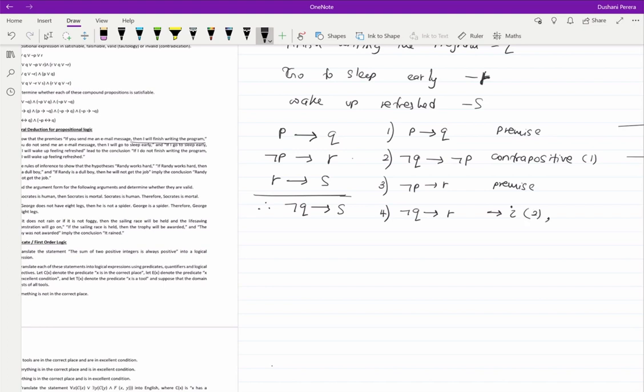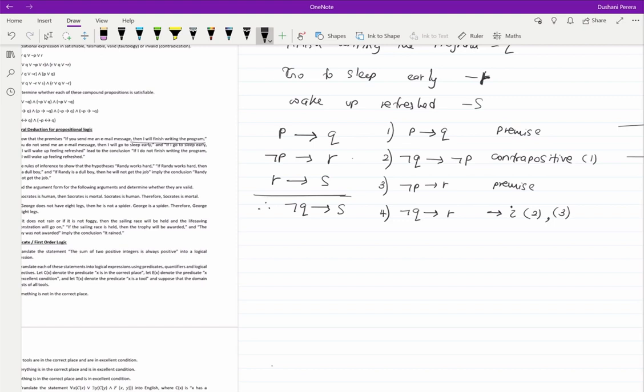So 2, 3. This implication means that the symbol associated with this rule is implication, and this I is to say that we introduced a new premise. If we are discarding one, then we write E to represent elimination.